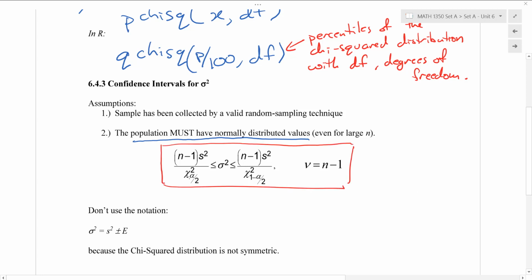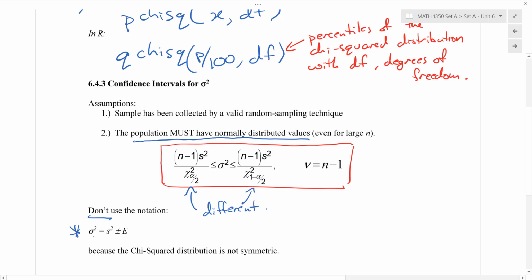Let's note in particular that the chi-squared alpha over 2 that we see here, and the chi-squared 1 minus alpha over 2, these two are different. So we'll need to find each of them separately. And in particular, this means that we don't use this notation down here that we're used to using with our other statistics.